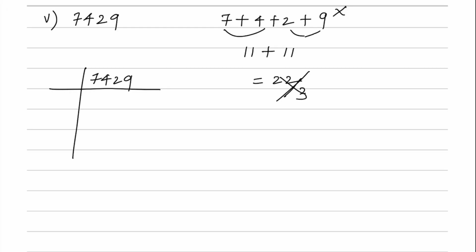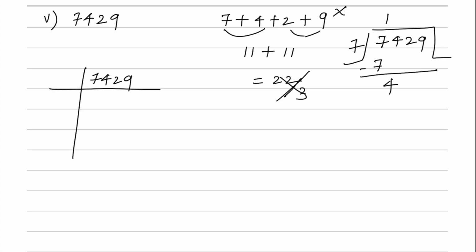Now we'll try with 7 next. So if you try and divide 7429 by 7, we'll see what we're getting. So 7 ones are 7. Done. I'll take the 4 down next. Now remember, as I told you, you can only take down one number at a time.